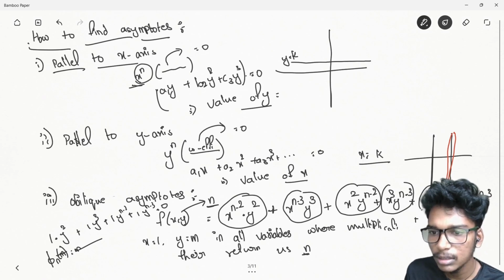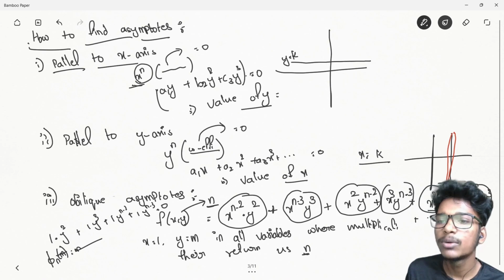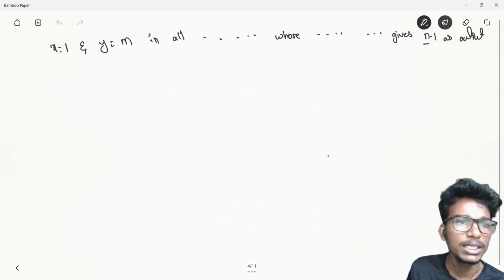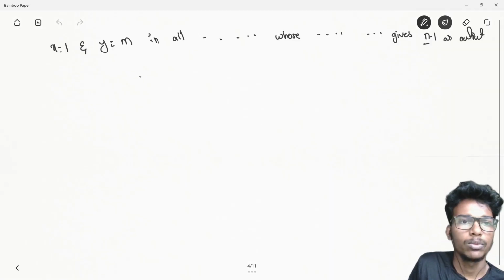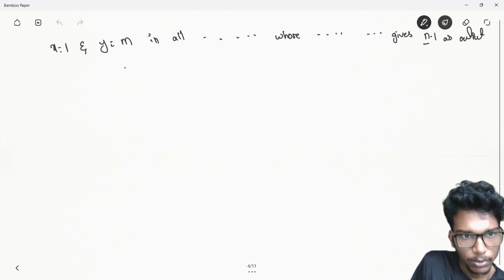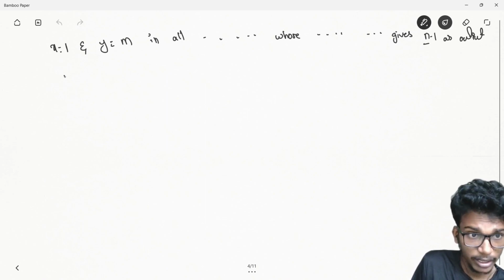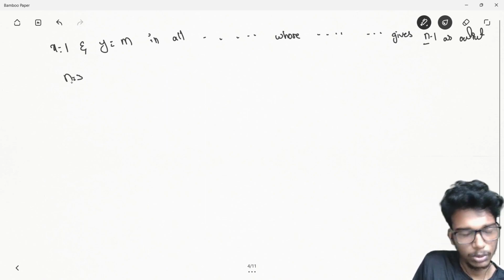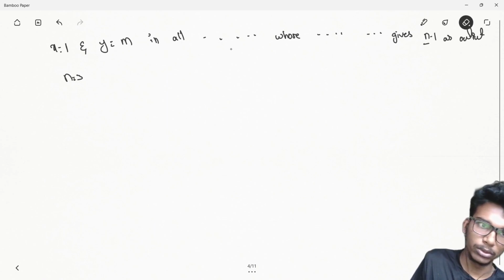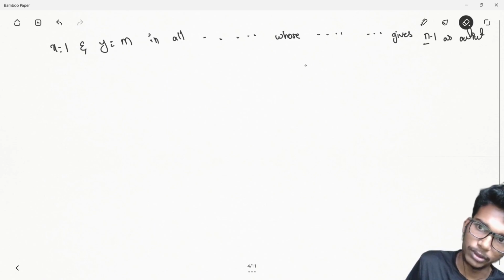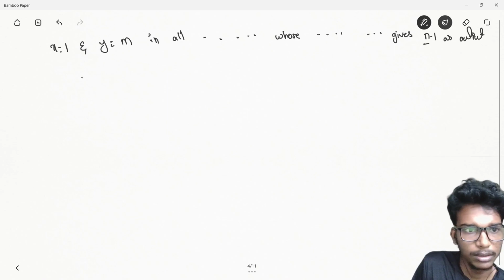Multiplication of these combinations will give us n minus 1, which is just less than n. That means it must differ from the degree of the function by 1. Let's consider n to be 3. No, I'm not going to consider any examples over here. I'm going to take a supposition for it.